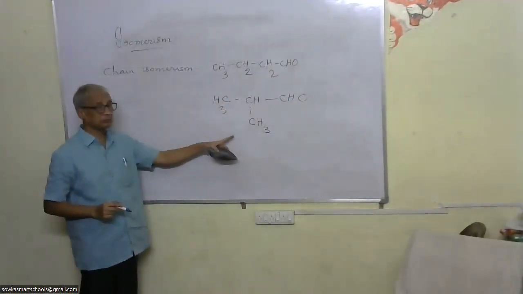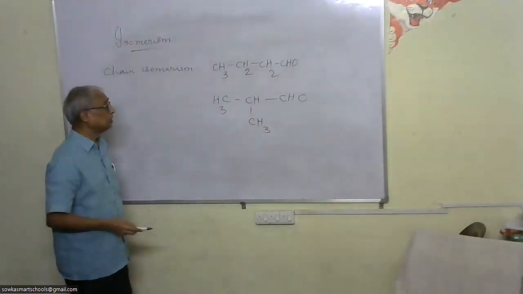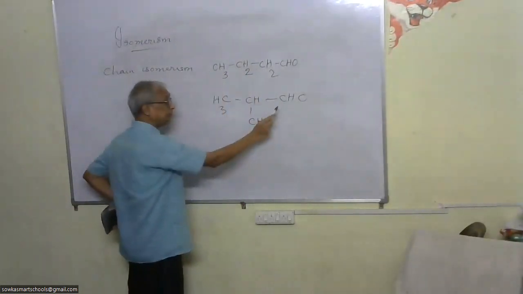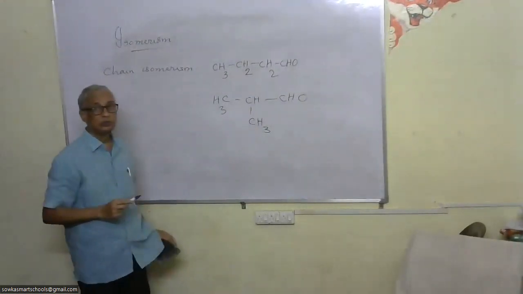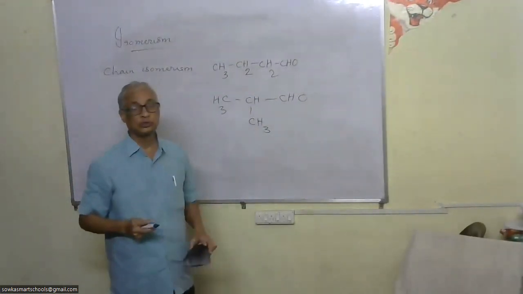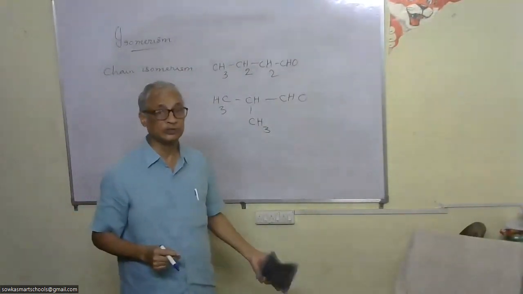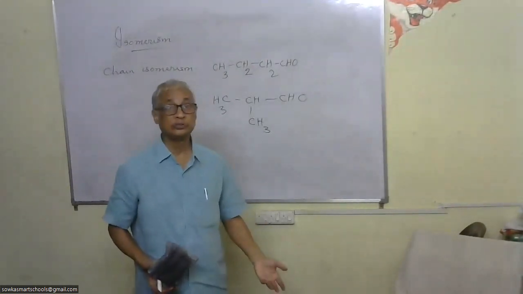Both are isomers. If you work out, they have the same formula. But in length of the chain, here there are 4 carbons, whereas here in the longest chain, there are only 3 carbons. So these two belong to chain isomers. These are the best examples of chain isomers. So aldehydes and ketones have chain isomerism.